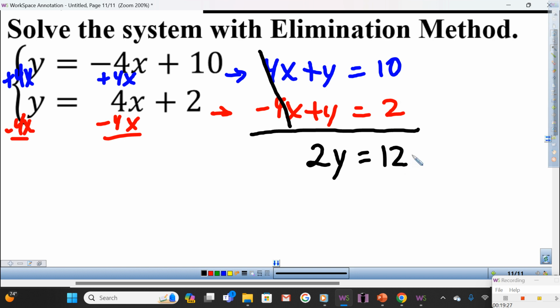All right, pass someone to continue. Brandon, go. Divide by 2. Y equals 4.